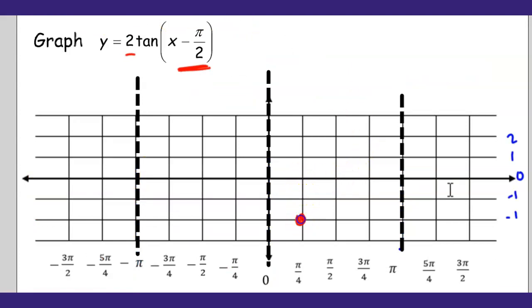And pi over 4, negative 2. 0, 0 won't change, and then there we go. And we just repeat that pattern throughout. Spacing is off, but it's okay.